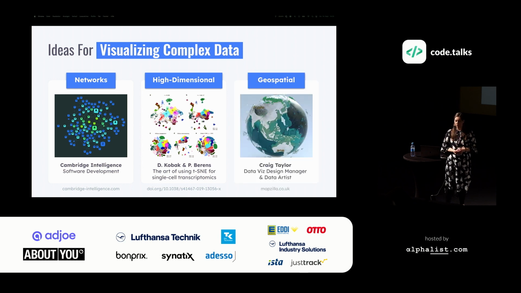And then there's also geospatial data. And this is, like I said, again, a very specific use case. But if you have a lot of geospatial data at hand, or you have some use cases where you're dealing with geospatial visualizations, there are plenty of things you can do. It's a very wide field and very specific challenges, I think.